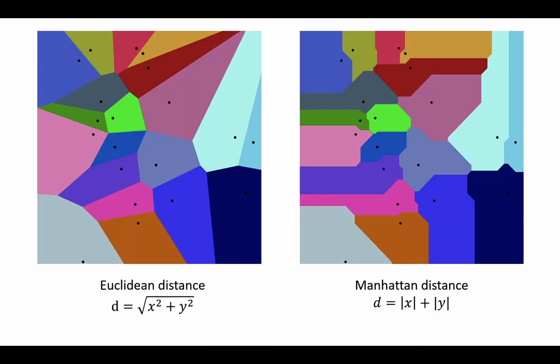And in addition to that, we can also mess with the distance metric. So what I mean is what I had said earlier, that a cell is all of the points which are nearest to a particular site. And so when I say nearest, that involves a distance measurement. And so we can change how we measure that distance.